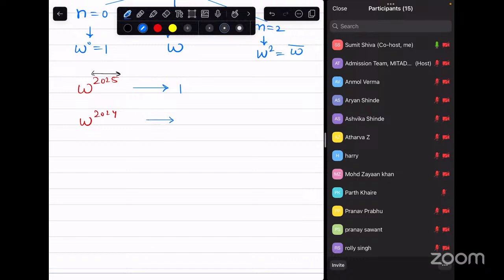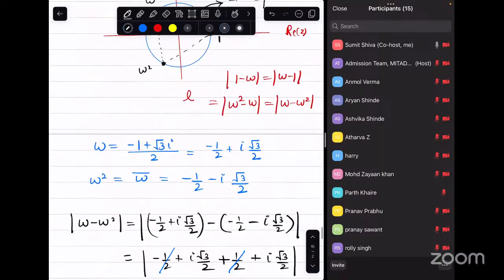So 14, 3 fours are 12. We will have omega square. Am I right? Yes or no? Yes, sir. Okay.